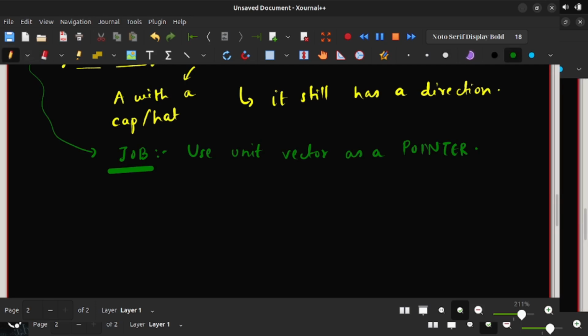Because what are the two things that we can extract from a vector? The two things are its length and its direction. As we already know, the length of a unit vector is 1. So the only thing that we can extract is direction. So its job is to specify direction.